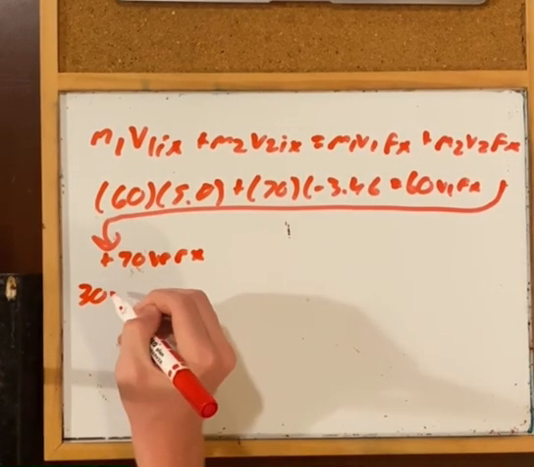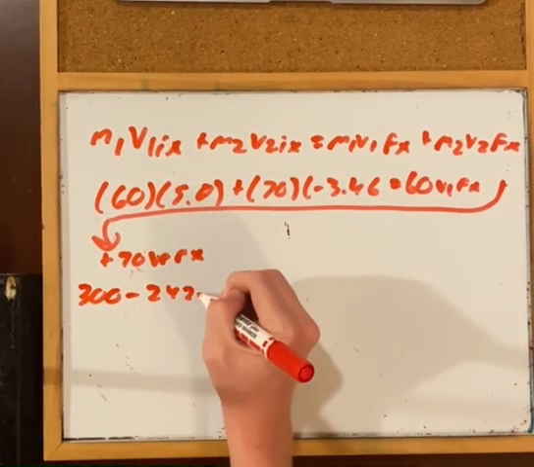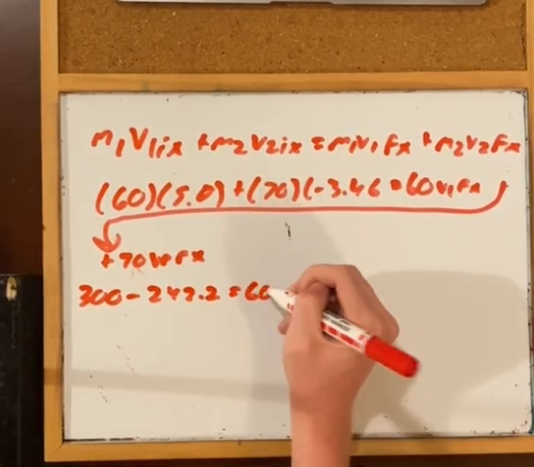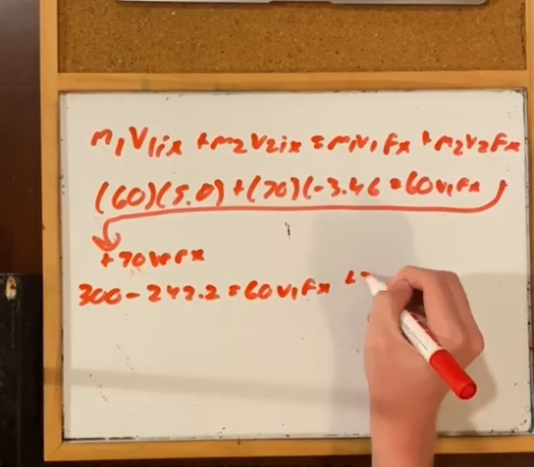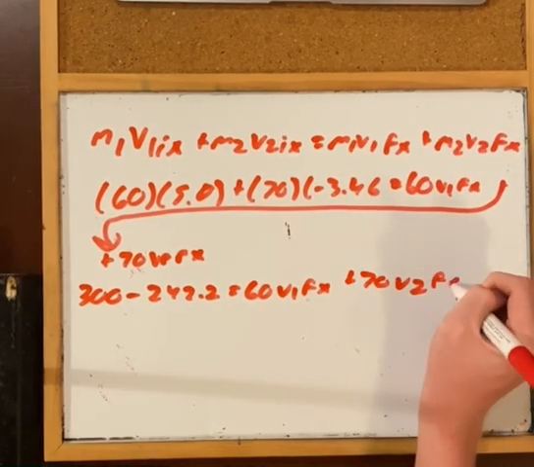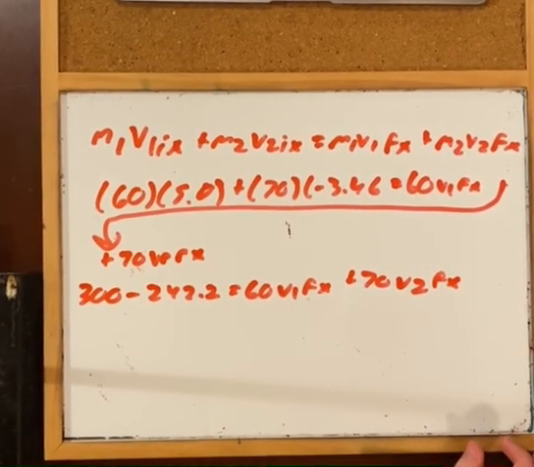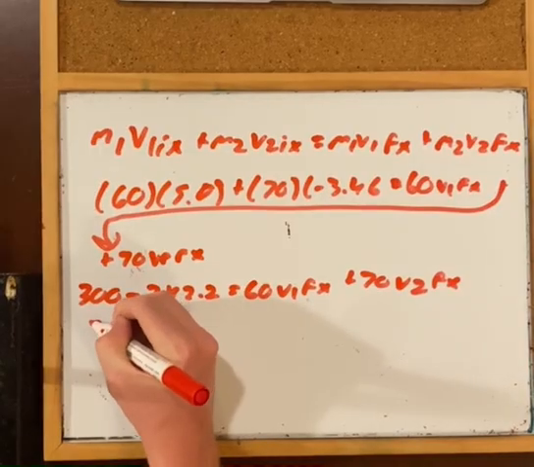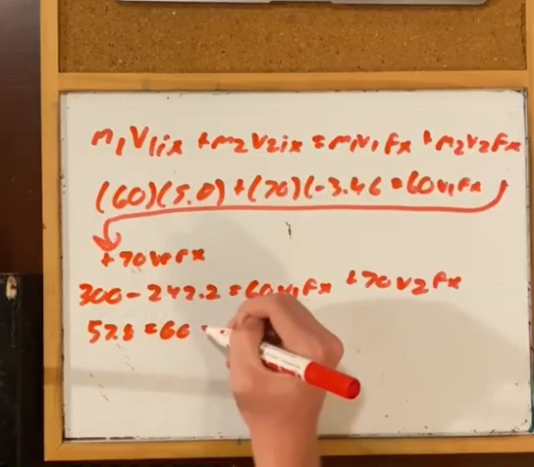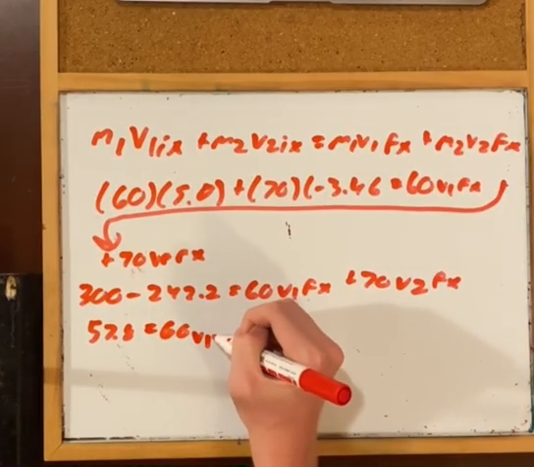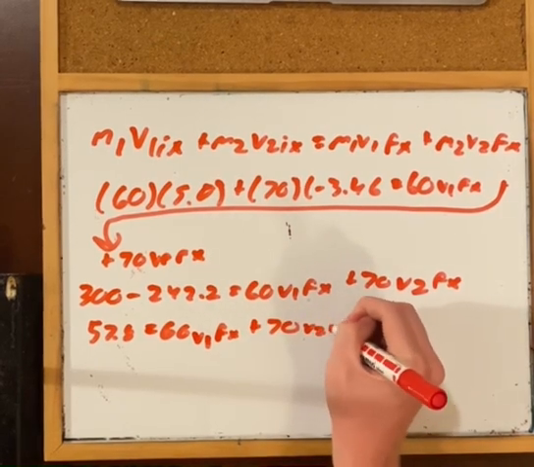Then we have 300 minus 242.2 equals 60 v1 f of x plus 70 v2 f of x. Now we do 57.8 equals 60 v1 f of x plus 70 v2 f of x.